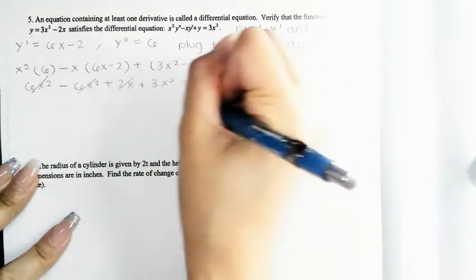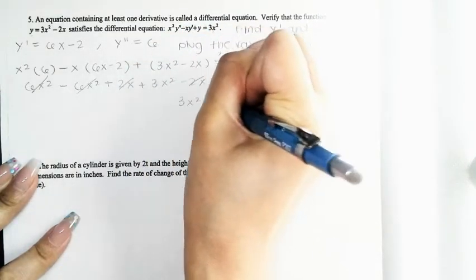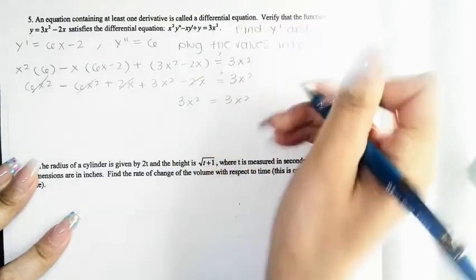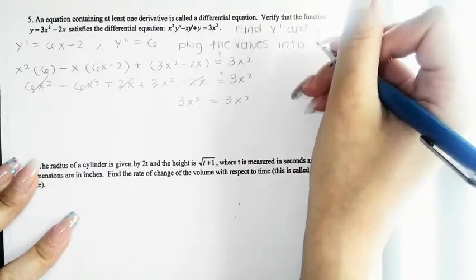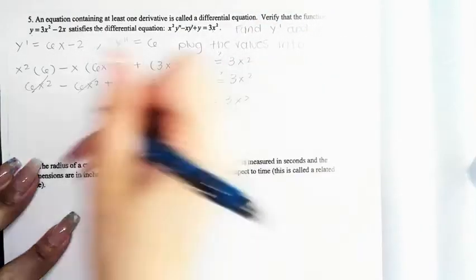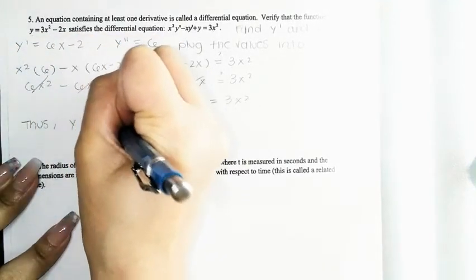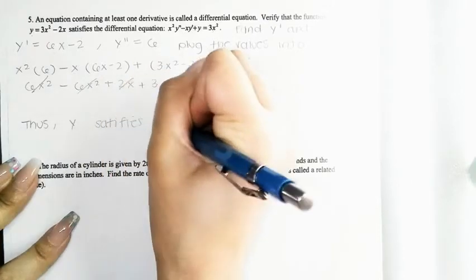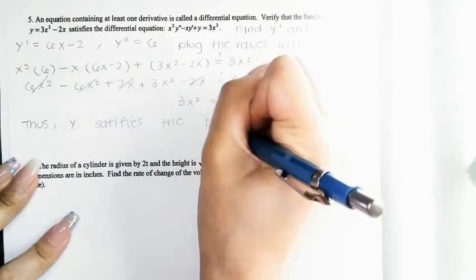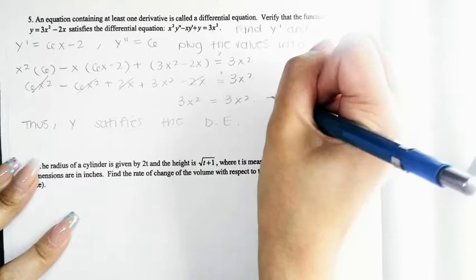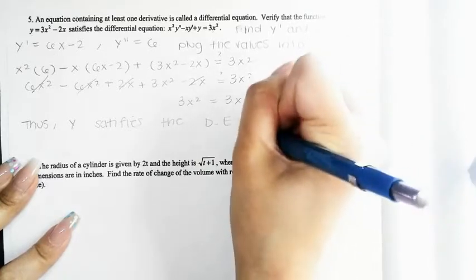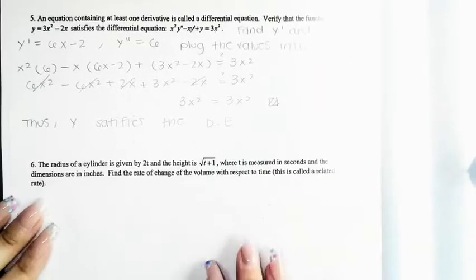So you have that 3x squared equals this. Therefore, what happens? Thus y satisfies the differential equation. And you can put a square. And that's pretty much it.